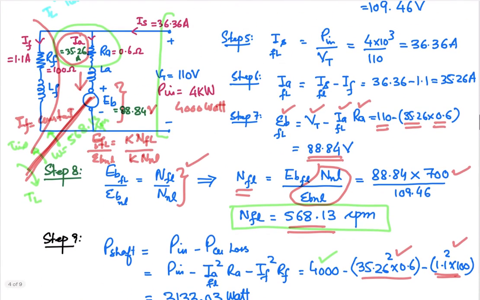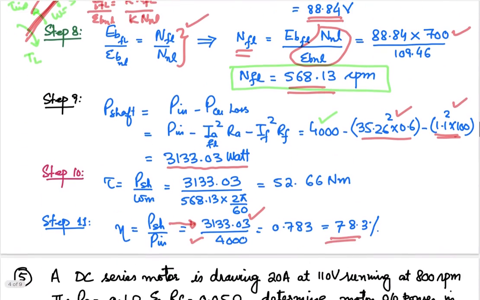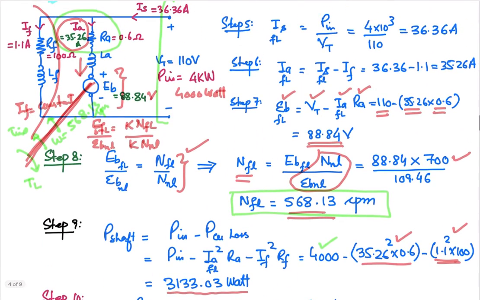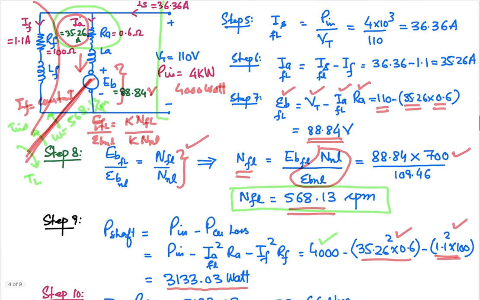So according to that, the power that is delivered to the load is nearly 3100 watt. So 900 watt is basically lost in the armature and in the field winding, and of course it will be in the form of heat.